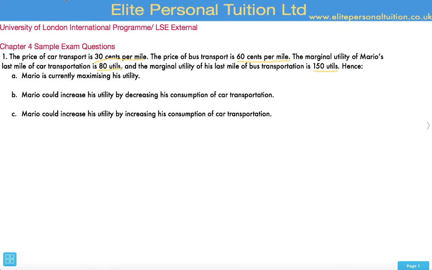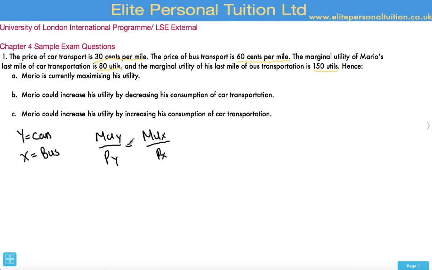Mario is currently maximizing his utility. Well, the condition for utility maximization is MUY over PY equals MUX over PX. Let's let Y equal cars and X equal buses.